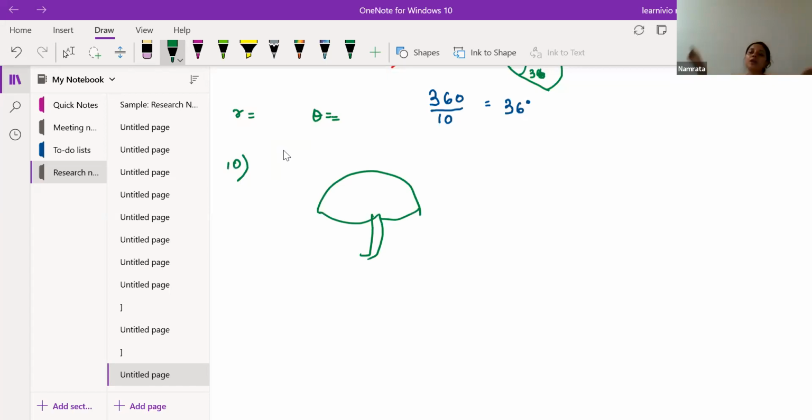But when we open the umbrella, the upper part completely, and keep it flat, it will make a circle. Beside that, one more figure is there. How many ribs are there? 8 ribs. Let me draw.